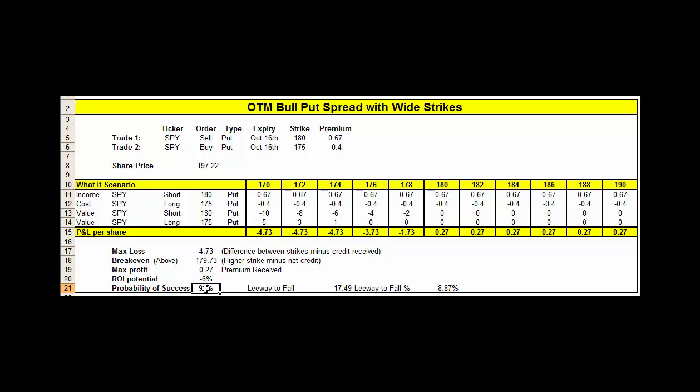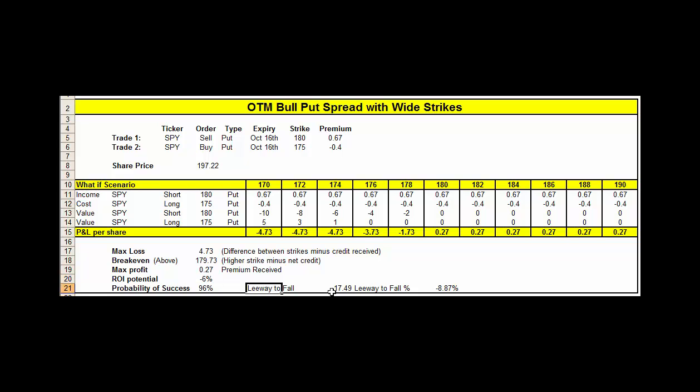In fact, we've only a 1% chance of losing all of our money here. There's a 3% chance of us having a slight loss, and only a 1% chance of losing the max loss here. So our return on investment is about 6% on this particular transaction here. So, for a 96% chance in less than a month, that's pretty good.